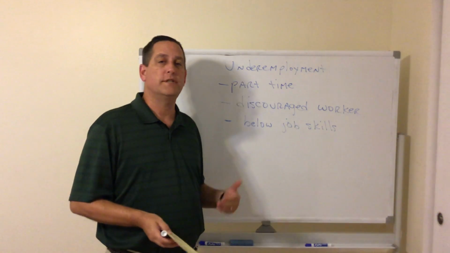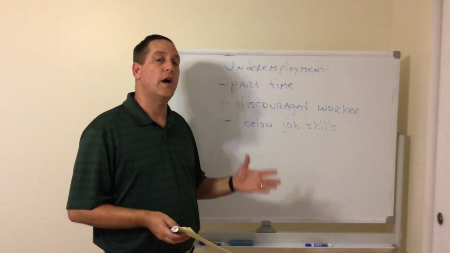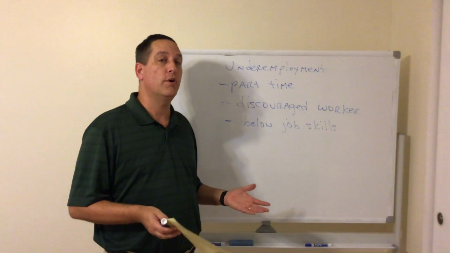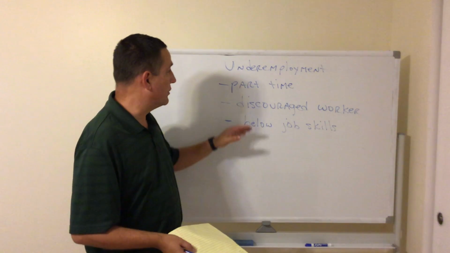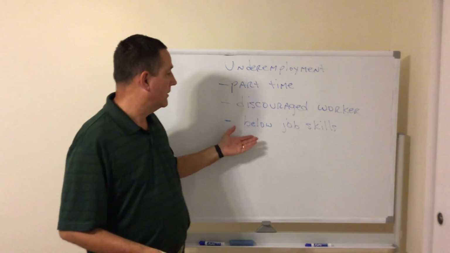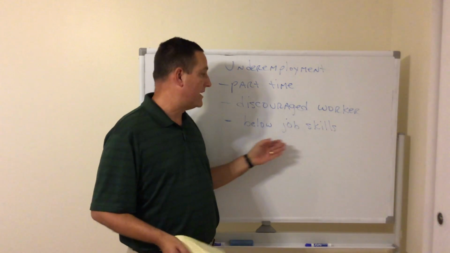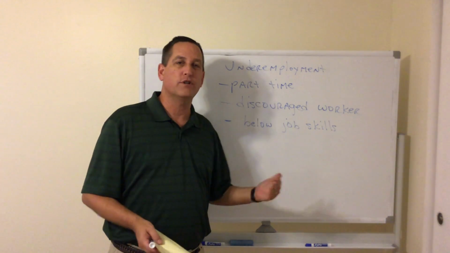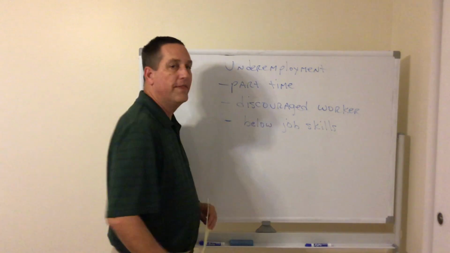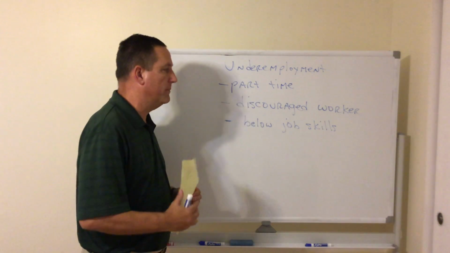I lose my job as a teacher, but I'm able to get a job flipping burgers at McDonald's. Am I unemployed? No, but I'm certainly underemployed because not a lot of people with a college education and 2 master's degrees is going to be flipping burgers at McDonald's. I'm working below my job skills. That's another form of underemployment.